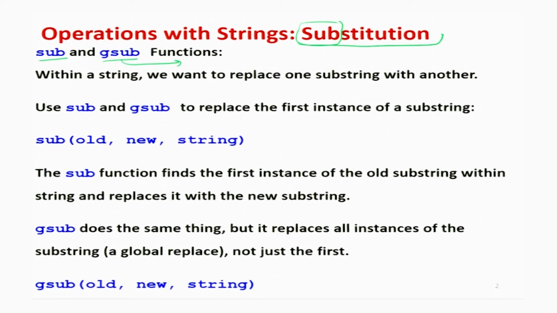Sub works when you want to replace only the first instance where the matching happens, and gsub is something like you want to replace all the strings or characters in the entire document. You can compare it with any other document also. For example, when you are trying to replace something, you write the old word and then the new word by which you want to replace.